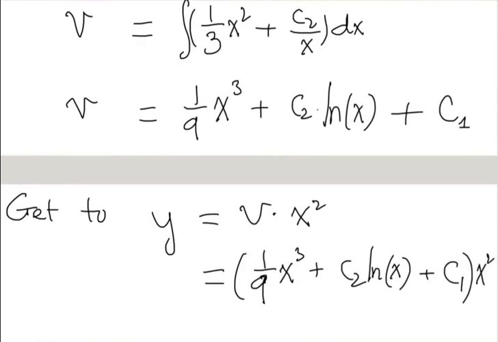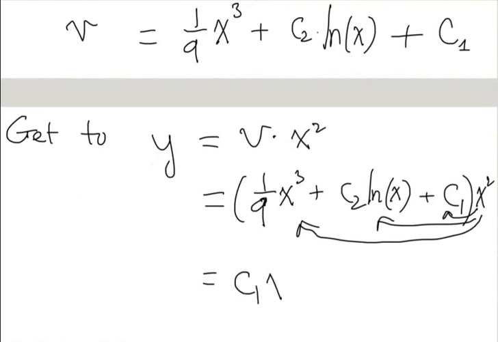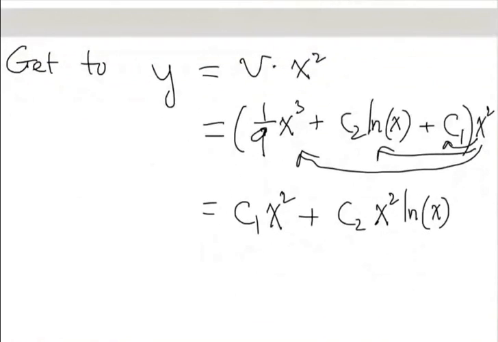And as before, we need to distribute to rewrite the solution in the familiar format C1 y1 plus C2 y2. So let's try C1 first, y1, x squared, and then plus C2, we have x squared log x. And lastly, plus 1/9 x to the 5th.